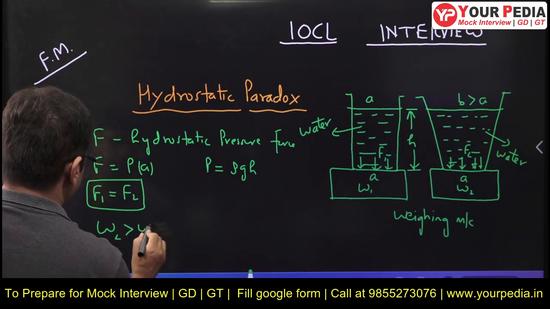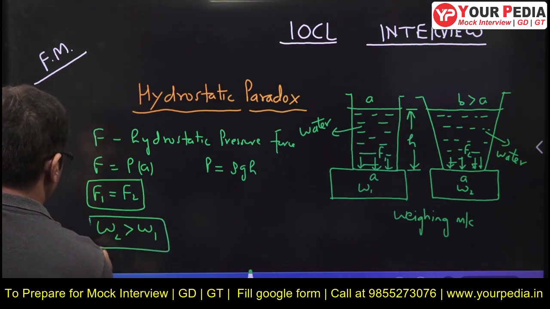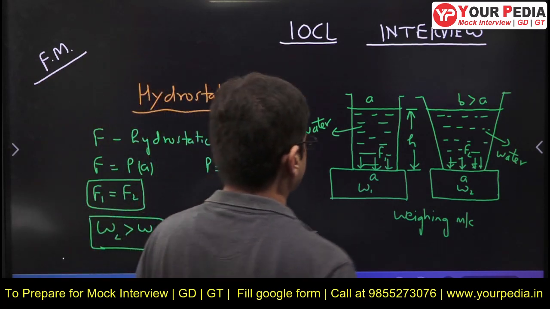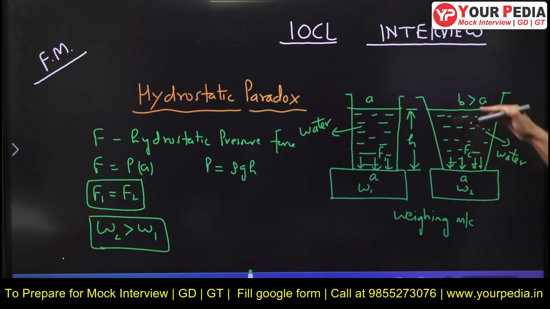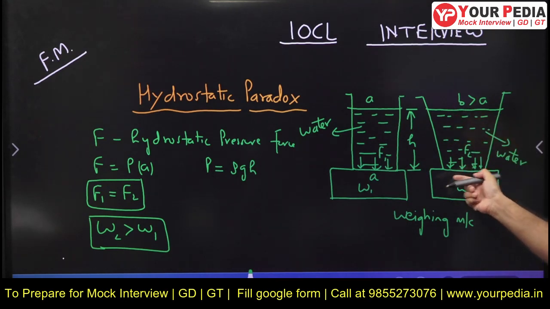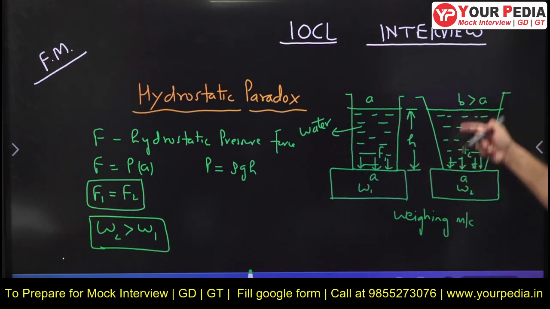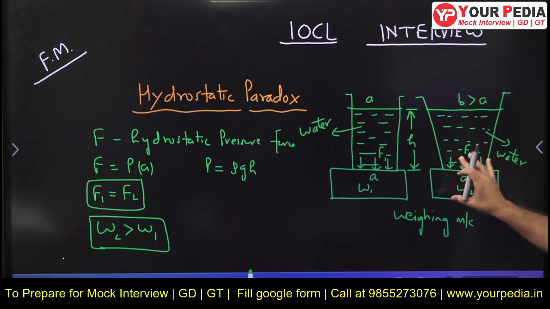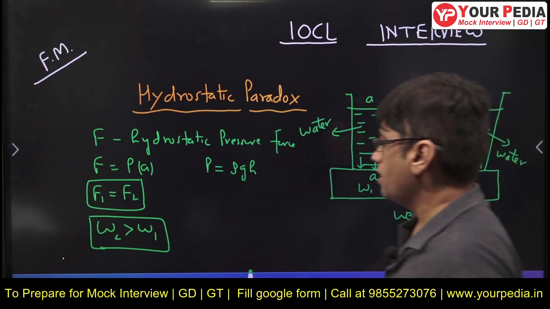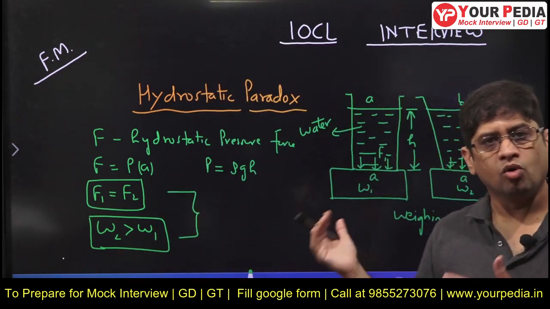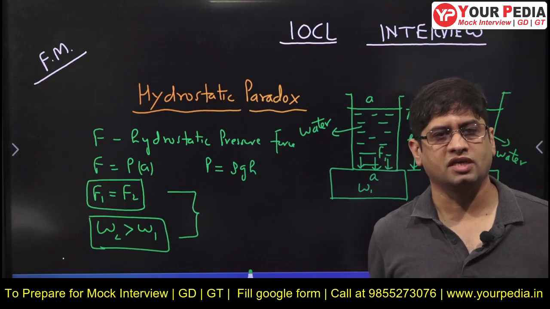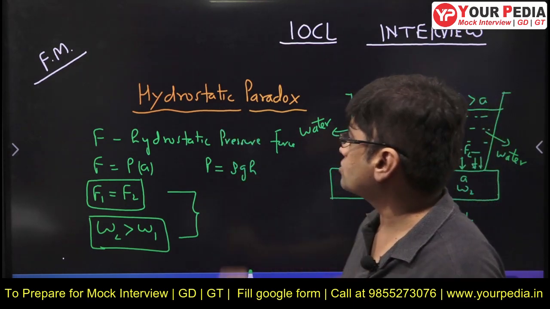The weight in the second container will be more than in the first. Why? Because the liquid contained in the second container is more. The volume is more, the base area is the same, but the top area is more. So more liquid is contained, hence more weight. Now this discrepancy, that weight is more but hydrostatic pressure force is the same, is called hydrostatic paradox.